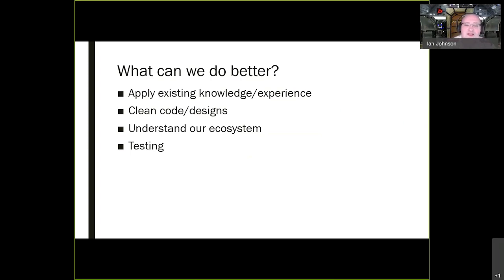We should be understanding our place in our ecosystem, looking around us and understanding what the rest of the world is doing and how the rest of the world is changing. Because at the moment, things are changing quite fast for us. The world is changing really fast, and we need to adapt to what is happening in the world.